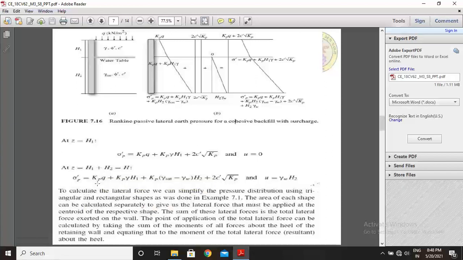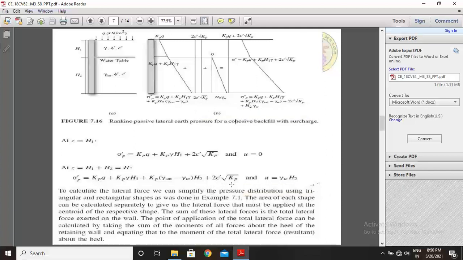At depth z equal to H1 plus H2, meaning at the total height H of the fill, the lateral earth pressure sigma p dash is given by Kp into Q plus Kp into gamma H1 plus Kp times H2 into gamma saturated minus gamma W, plus 2c times root Kp.